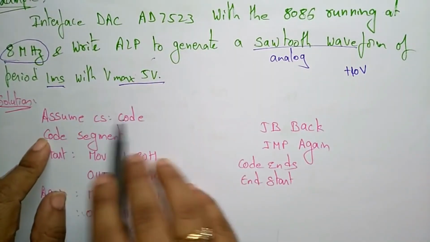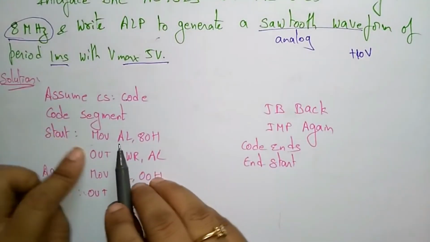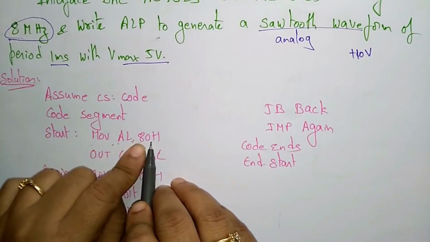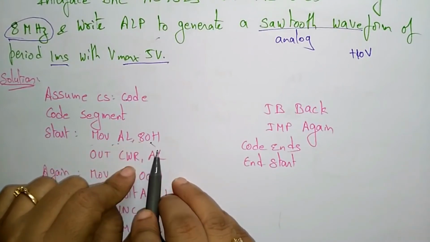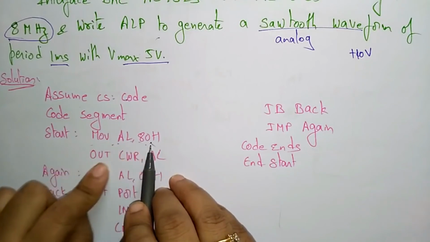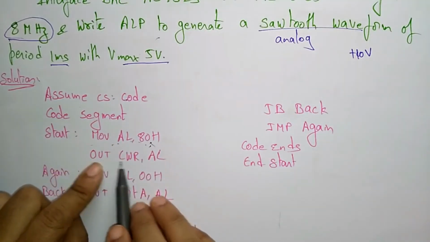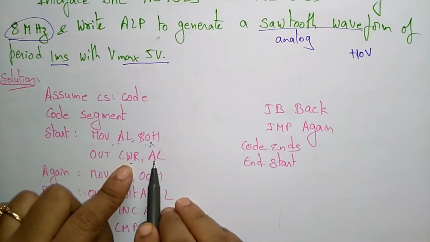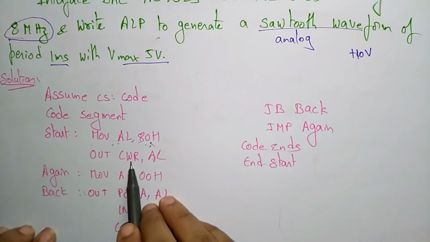First, assume code segment. Now start. Move AL comma 80H. First you are initializing the 8255, so that data will be placed in the control word register.